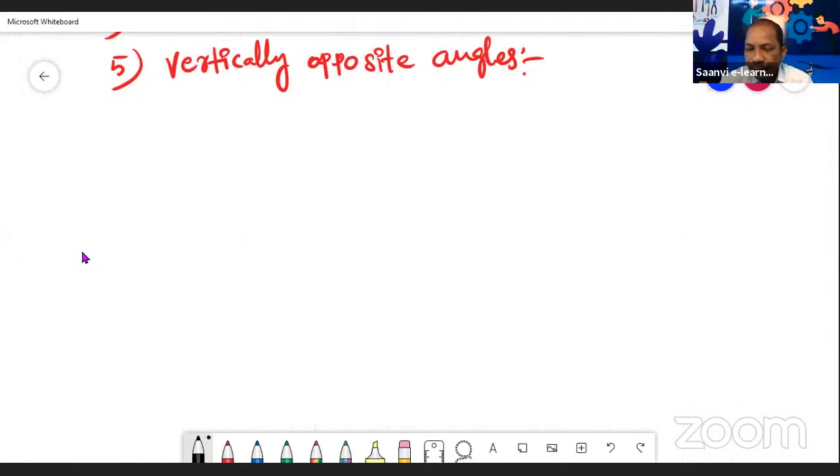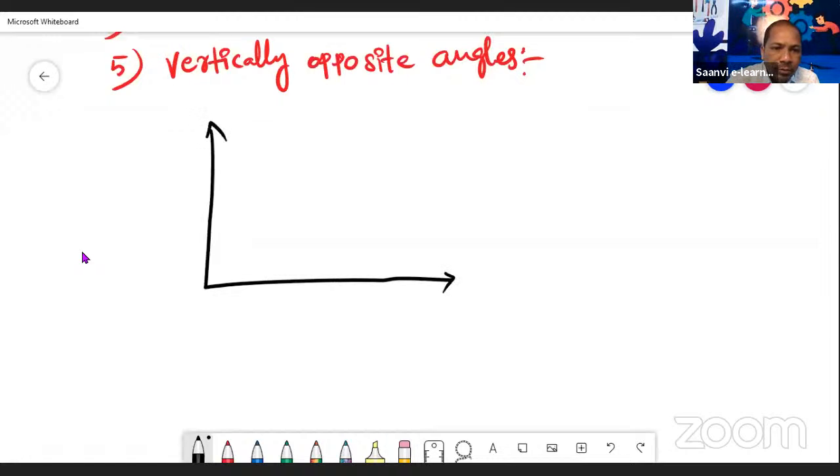See here, look at this figure. This is the ray OA, and this is the ray OB. And if we draw one more ray, see here, two angles will form.